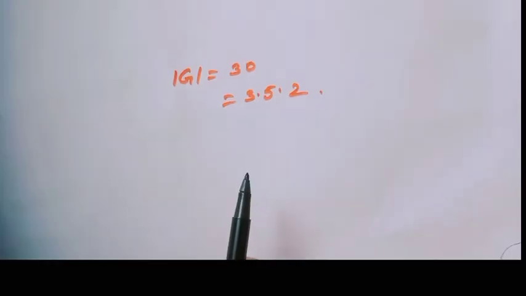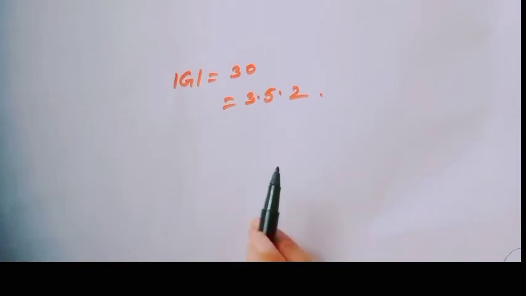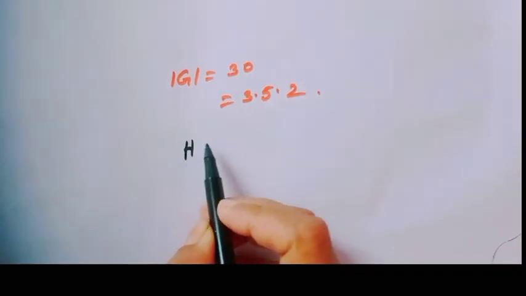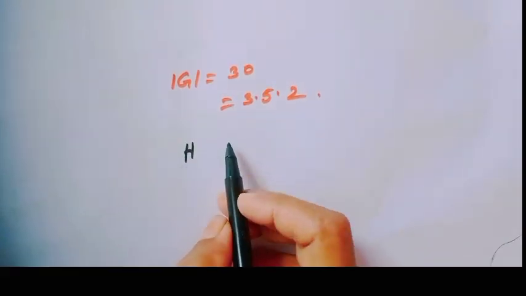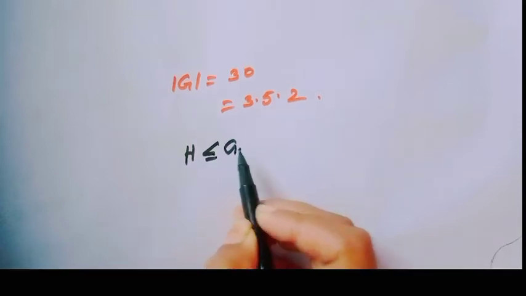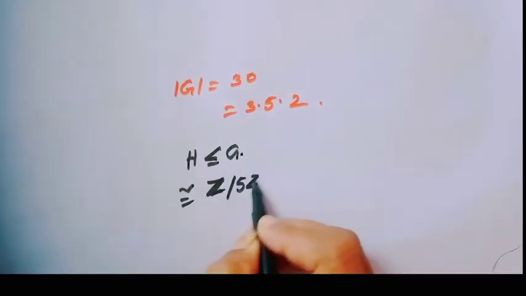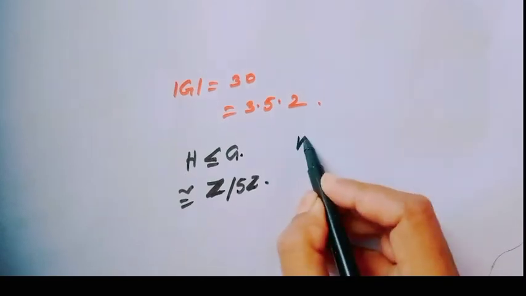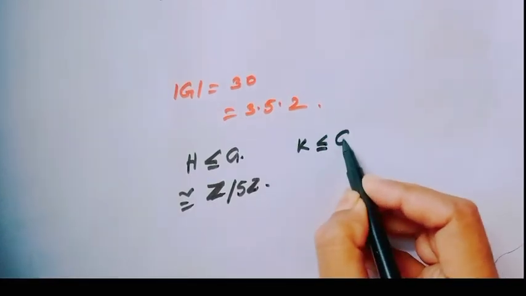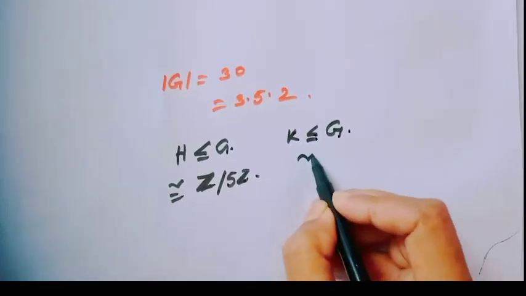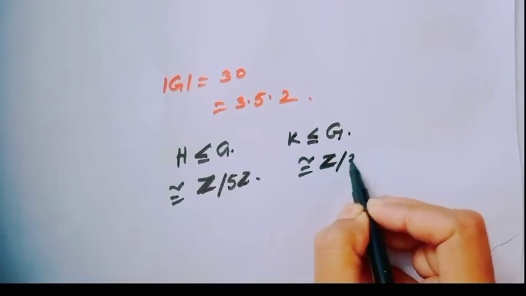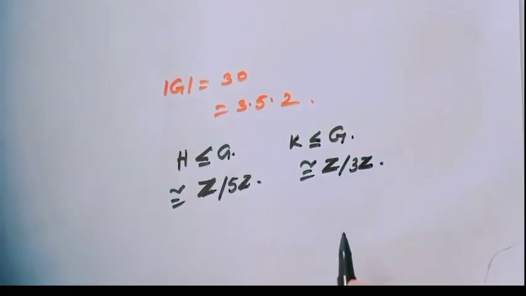A few minutes ago I said there exists a Sylow 5-subgroup, consider this as H, which is isomorphic to Z mod 5Z, and a Sylow 3-subgroup K, which is isomorphic to Z mod 3Z.